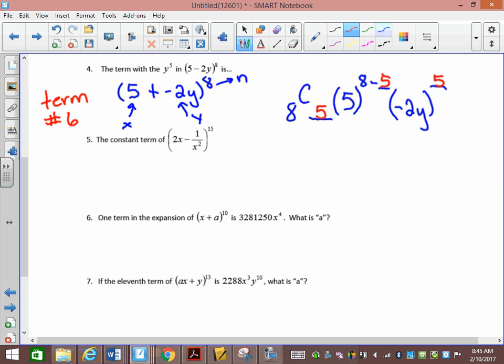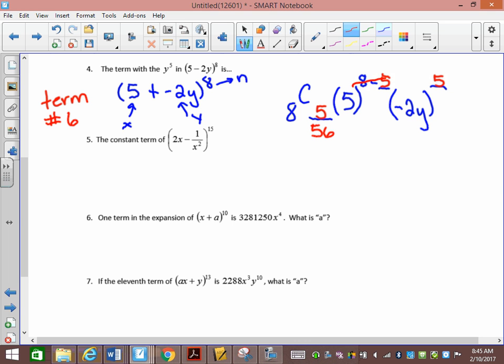So if they ask you what term number is it, you would put that. So you could do term number 6. Or if they want to know what the actual term is, like what does it look like? We just finished this. So what's 8c5? How much? 56.